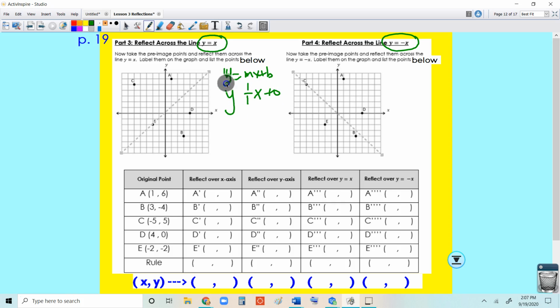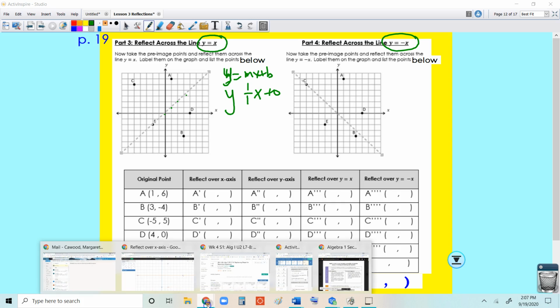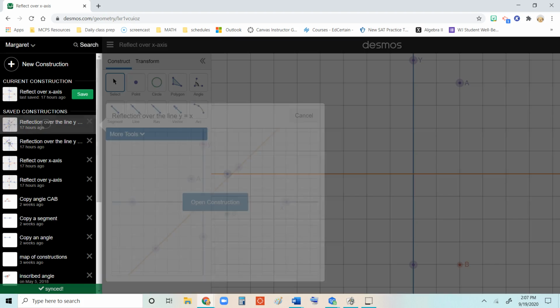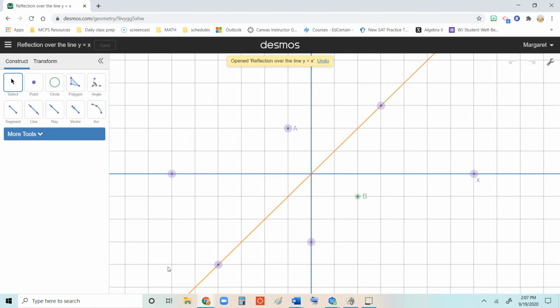Okay, so we started at 0 and we rise 1, run 1, rise 1, run 1, rise 1, run 1. All right, so it's just the parent function for our line goes through the origin and has a slope of 1. All right, so again, if you want to go and jump into this activity, we have listed these for you. So you can go check that.